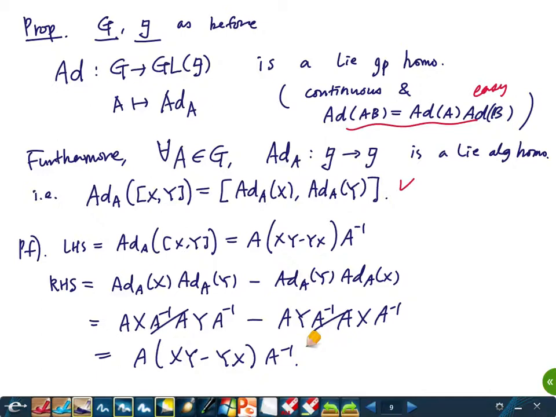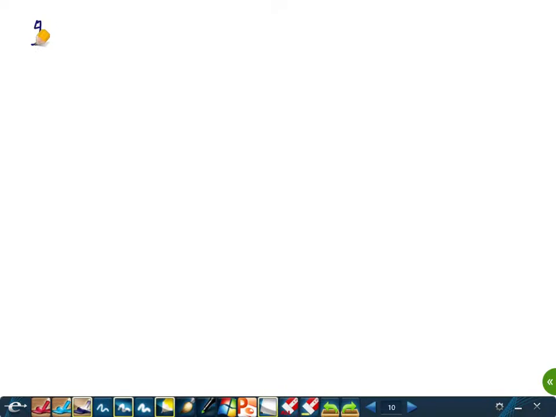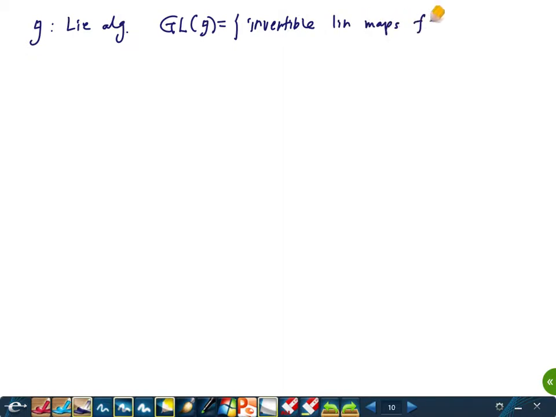All right. Okay, now let's go to the next page. So again, 𝔤 is a Lie algebra. Then we already defined GL(𝔤), capital GL. This is the set of all invertible linear maps F from 𝔤 to 𝔤. Okay, this is a Lie group.